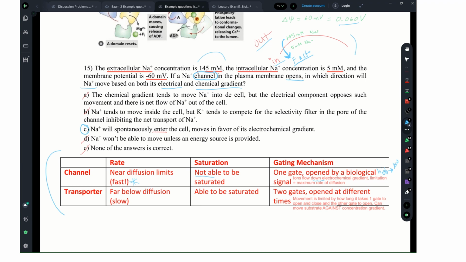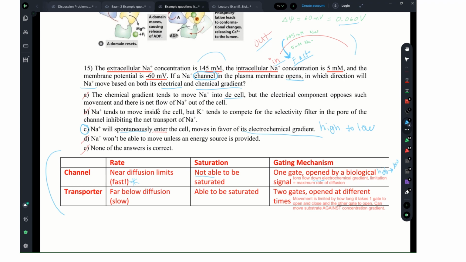So the correct answer is C. Sodium will spontaneously enter the cell. It moves in favor of its electrochemical gradient from high to low concentration. Now, let's talk about why the other answers are not correct. A, the chemical gradient tends to move sodium into the cell, but the electrical component opposes such movement and there is net flow of sodium out of the cell.